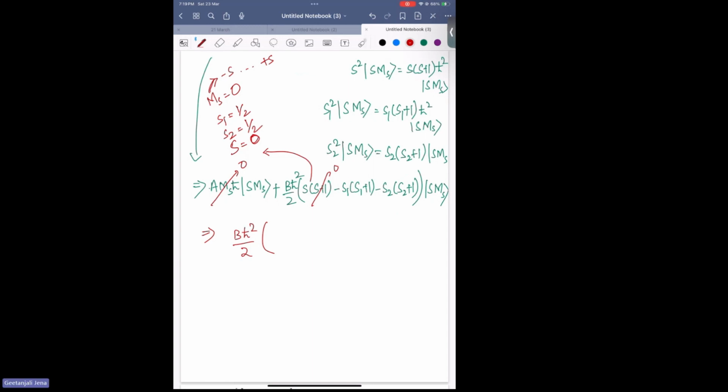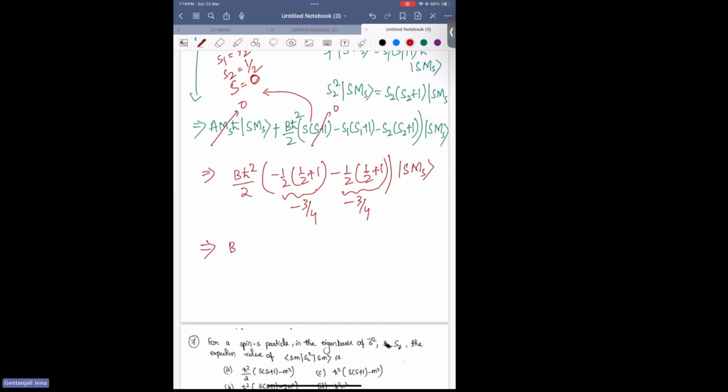And this one is minus half plus 1, minus half plus 1 SMS. So this is minus 3 by 4.